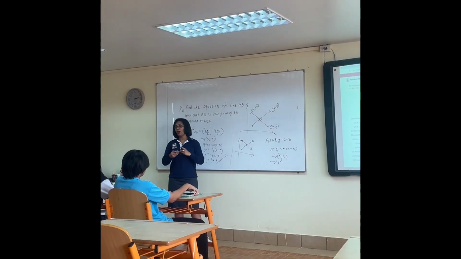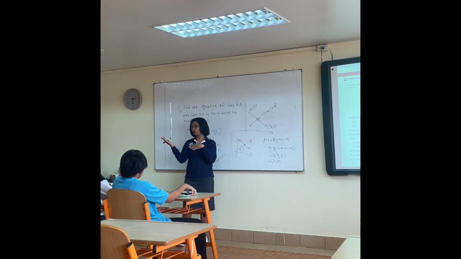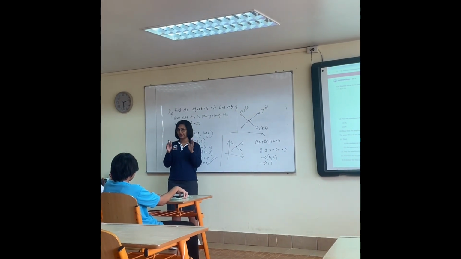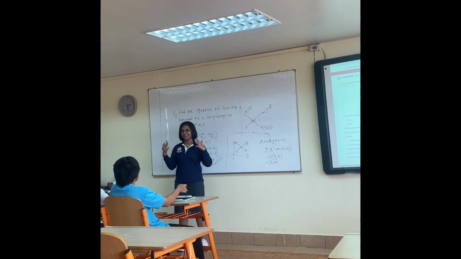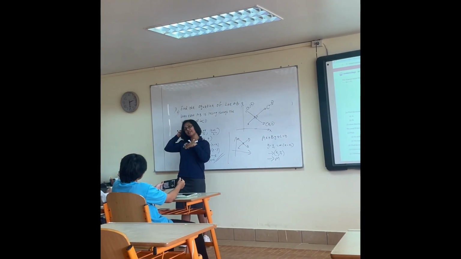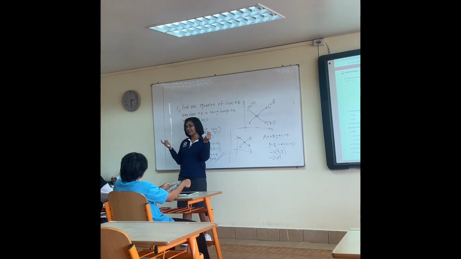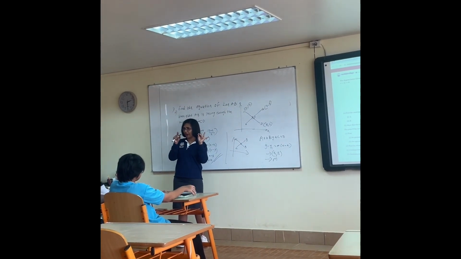So don't forget the formulas. Even though you are able to look at the formula booklet in the exam, you should also be familiar with them. If the question asks you for distance, you need to apply the distance formula. Midpoint means the sum of the coordinates divided by 2.